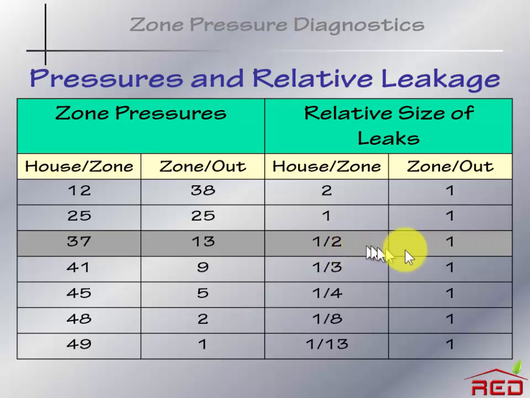Another way of saying that is the zone to the outdoor leakage is twice what the house to the zone leakage is. But notice for those relative sizes, we have 37 and 13 here. Now keep this row in mind. I'm going to use that on the next couple of slides for an example.